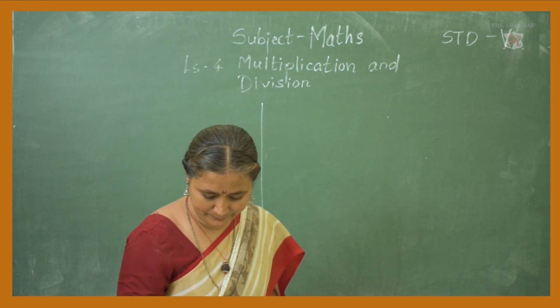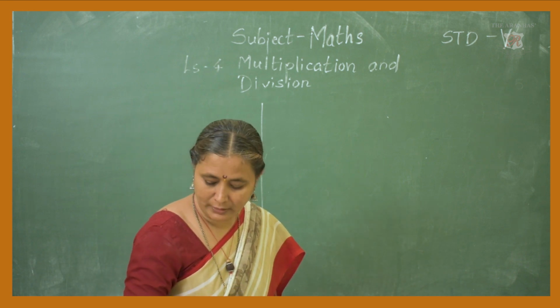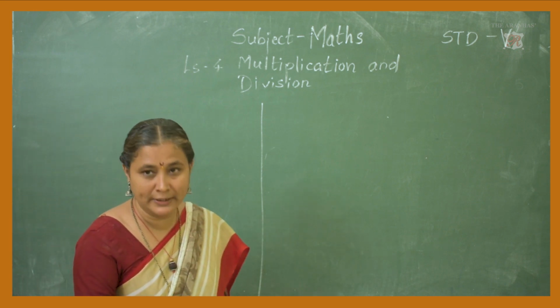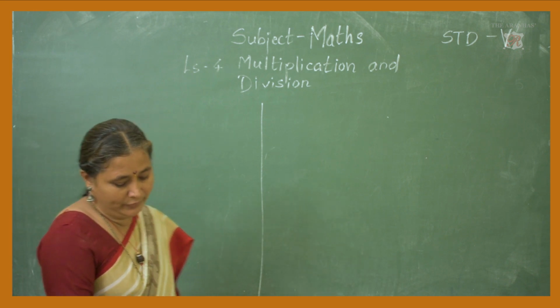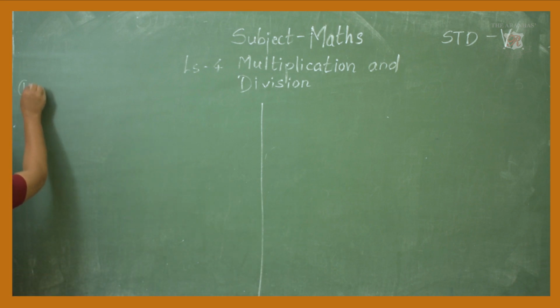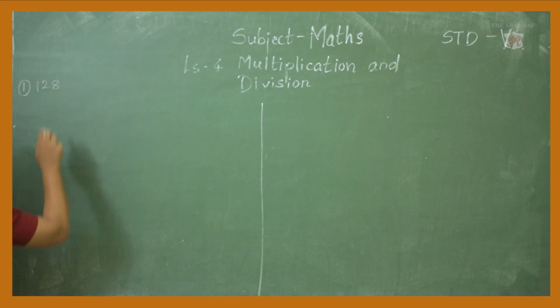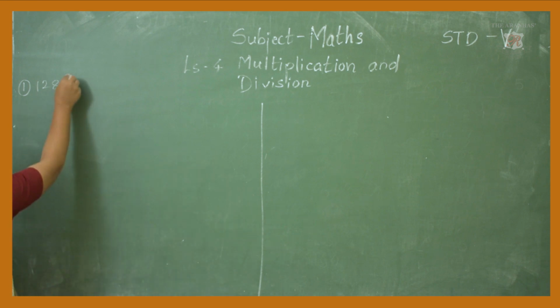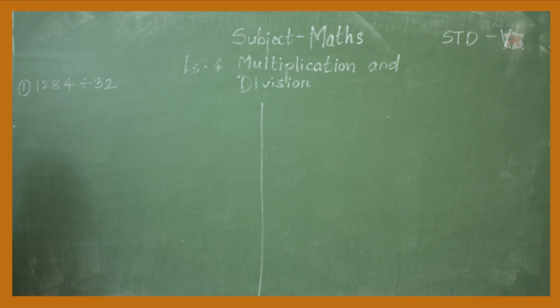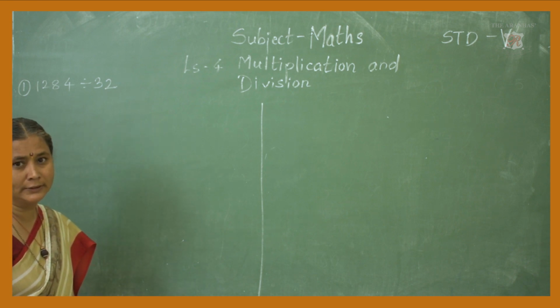On page number 19, problem set 50. Solve the following and write the quotient and remainder. Take the first one. 1284 divided by 32. But you don't know the table of 32, isn't it?